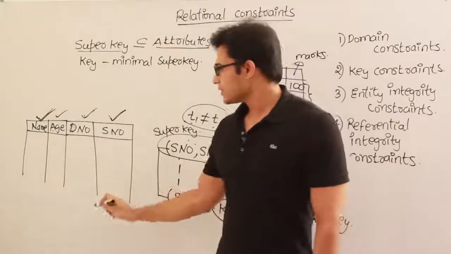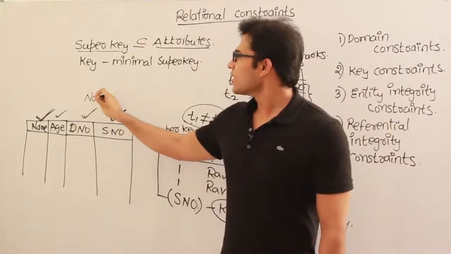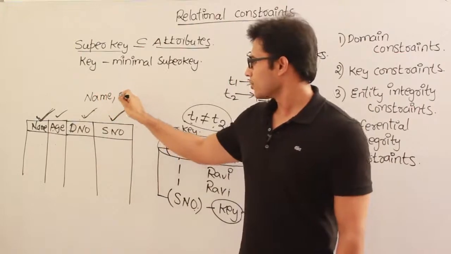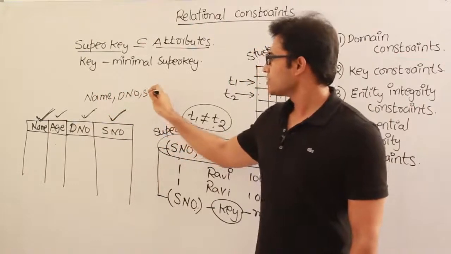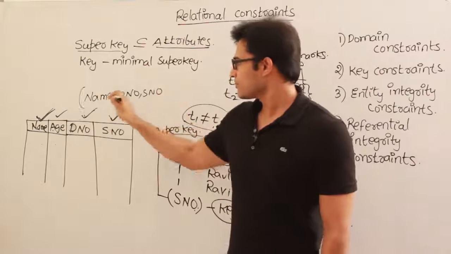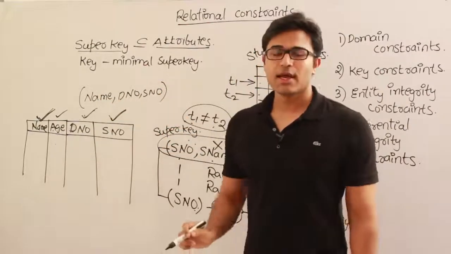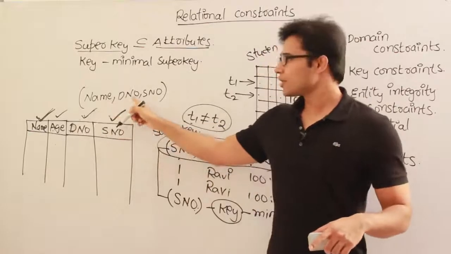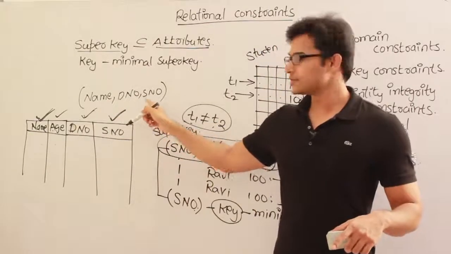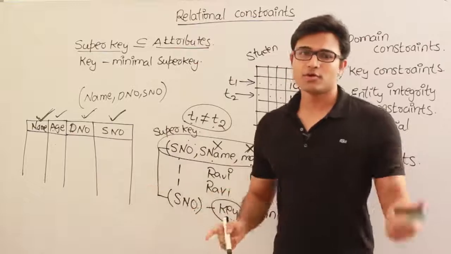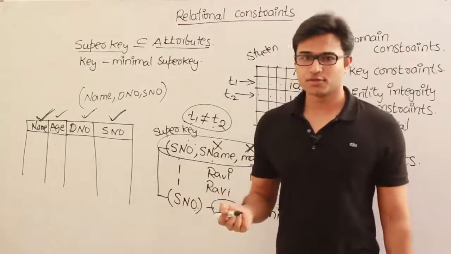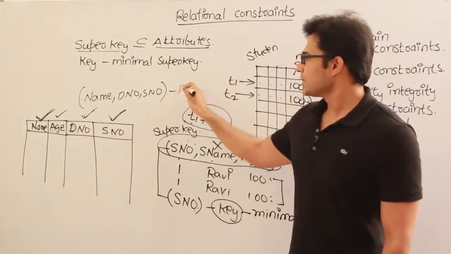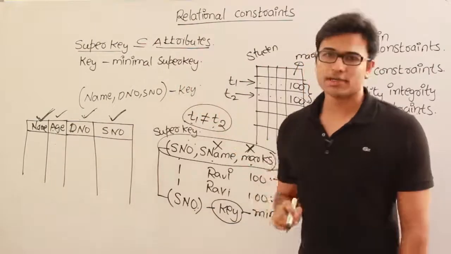Then in this case you can think of name, door number and street number. These three fields might be a super key, and in this case even if you remove the name, or if you remove door number, or if you remove this street number, you might not be able to find out a tuple uniquely. So in this case this is a key because it is the minimal super key, right?